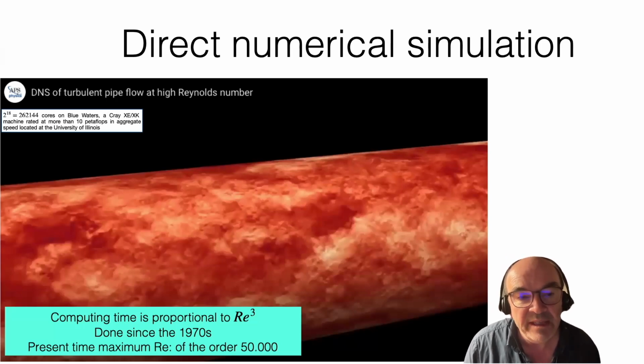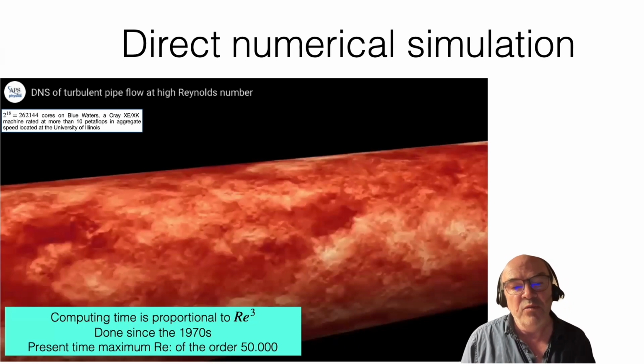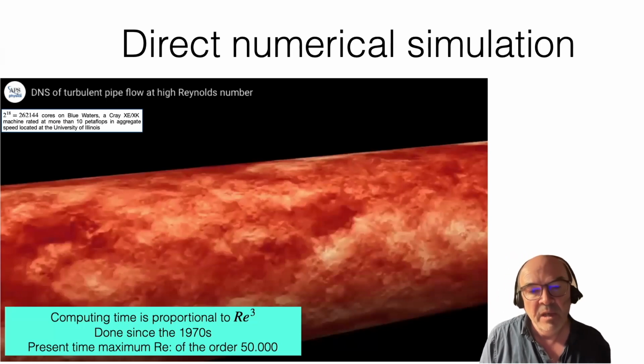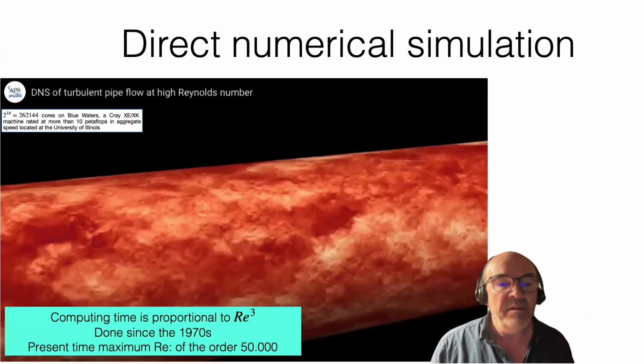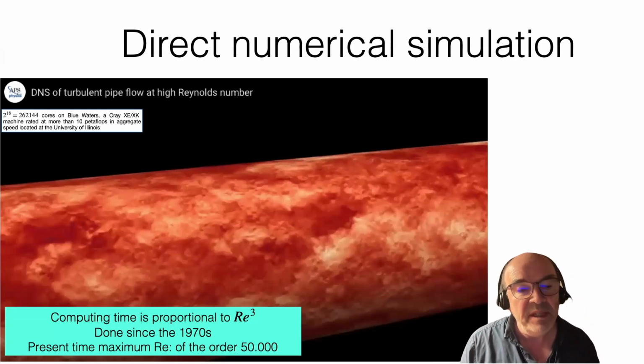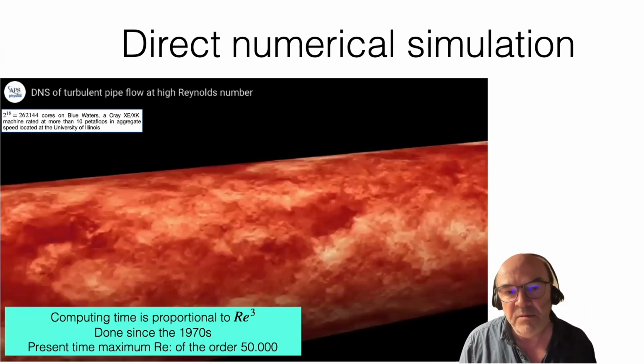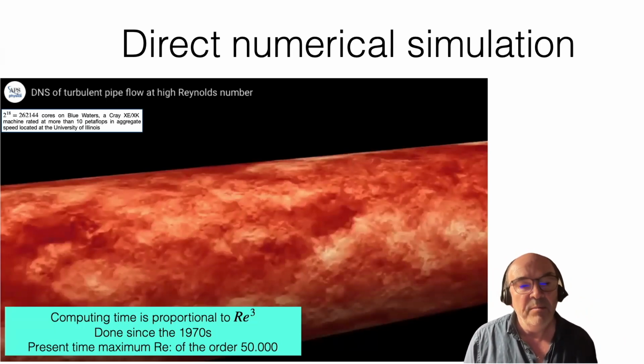Because the computing time is proportional to the cubic power of the Reynolds number. We have been able to do this for more than 50 years, but we really need very powerful computers to do it. The present maximum value of the Reynolds number is 50,000.